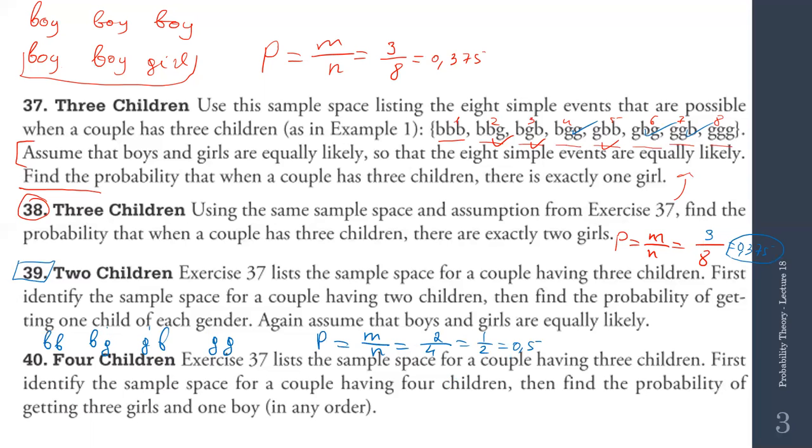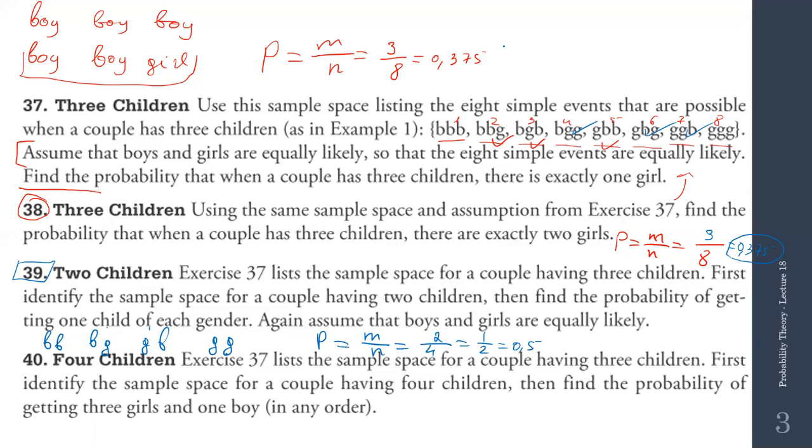In exercise 40, we need to identify the sample space for a couple having 4 children, and find the probability of getting 3 girls and 1 boy. So it will be a huge number here.